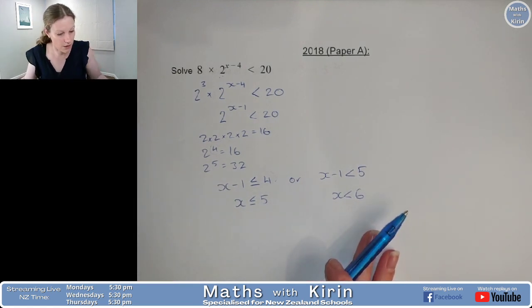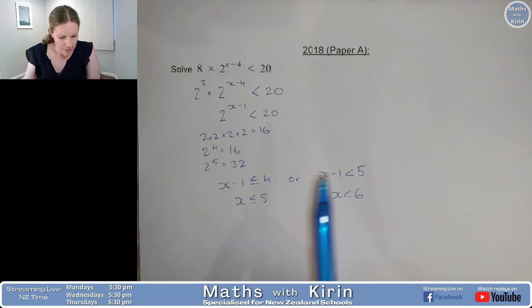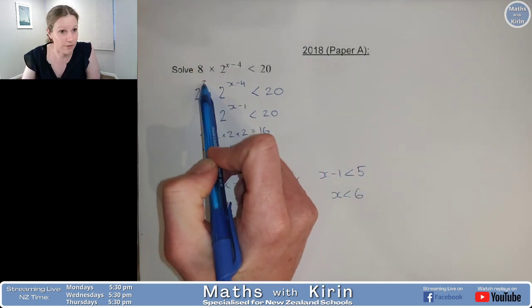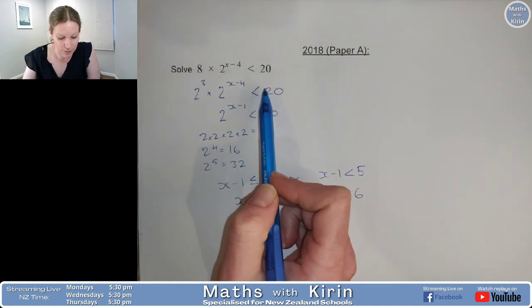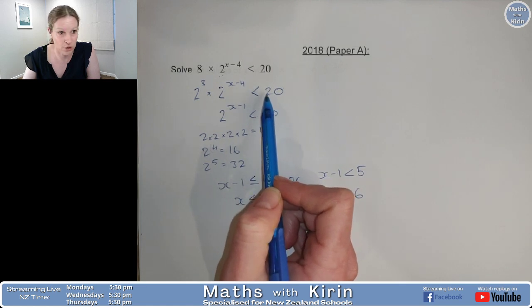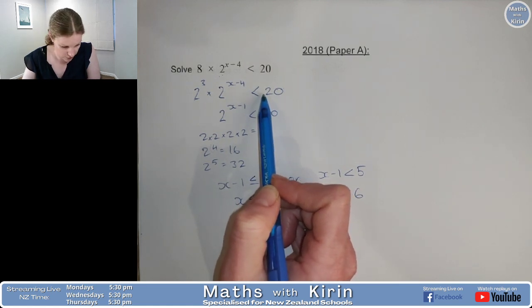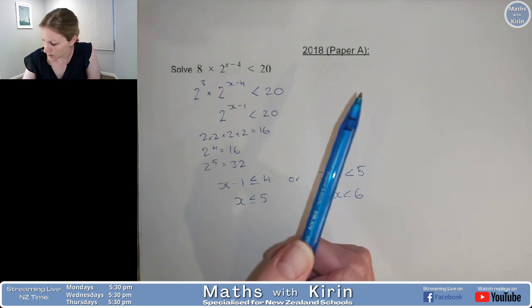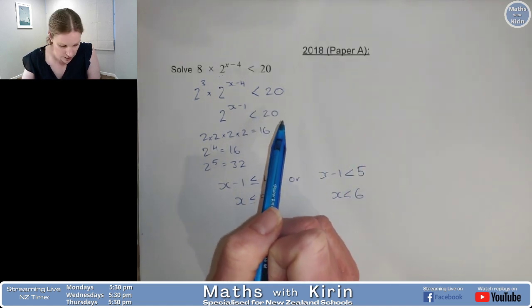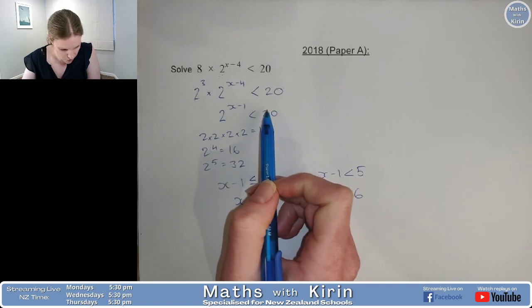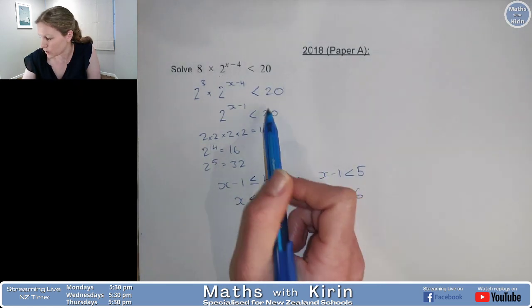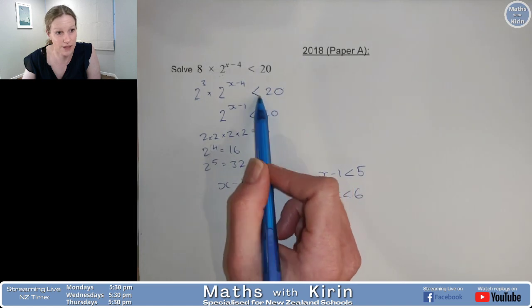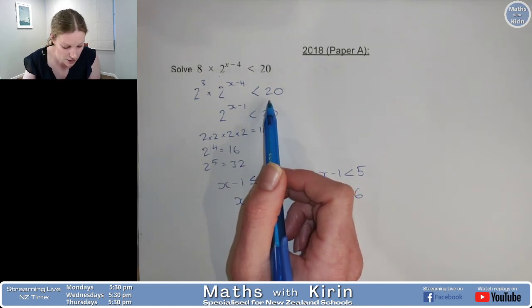So for the marking of this one, if you can rewrite 8 as 2 to the power of 3, you've achieved. Or if you divide 20 by 8 and simplify the right-hand side to either 5 over 2 or 2.5, then that's achieved. If you can write the right-hand side in index form, so you sort of like 2 to the power of 4 plus 4 would be the same as 20, that's what they mean by writing the right-hand side in index form.